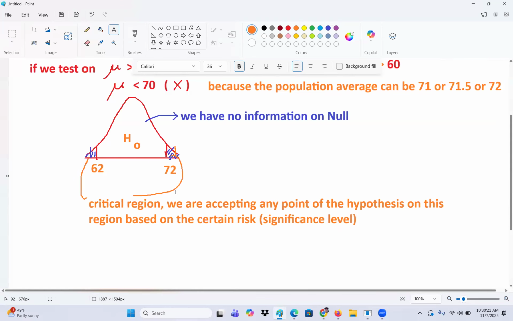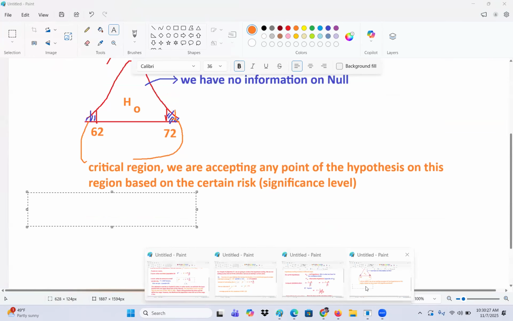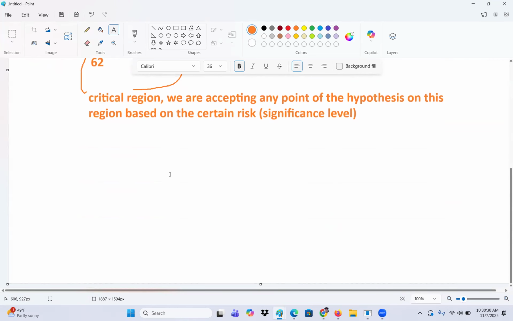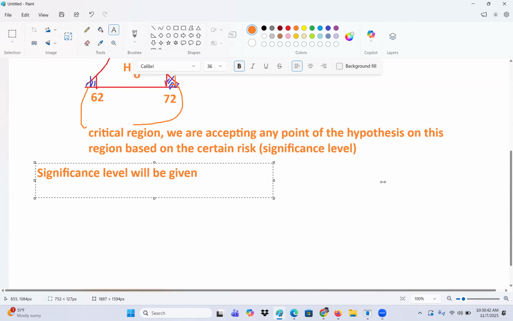The significance level will usually be given in the question, so you don't have to worry about how to find it.